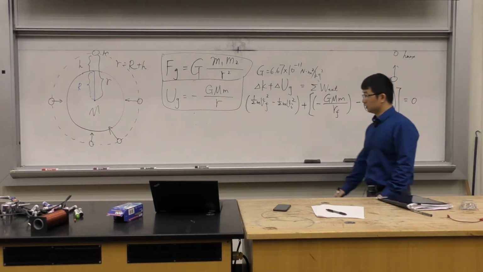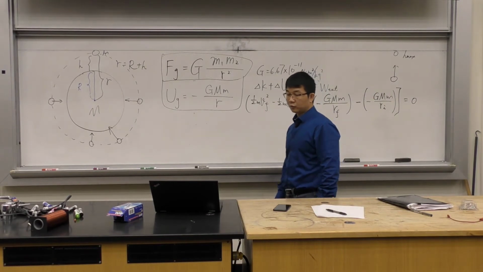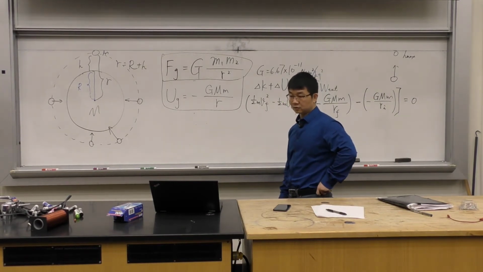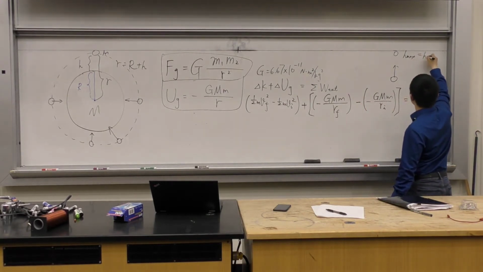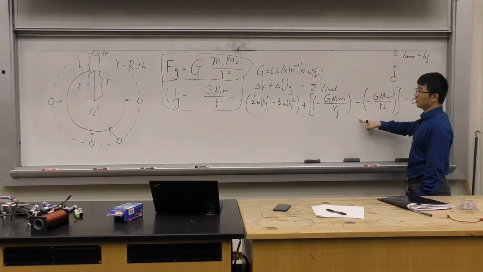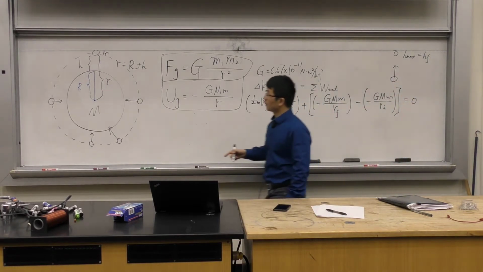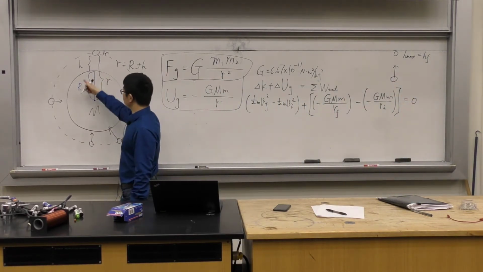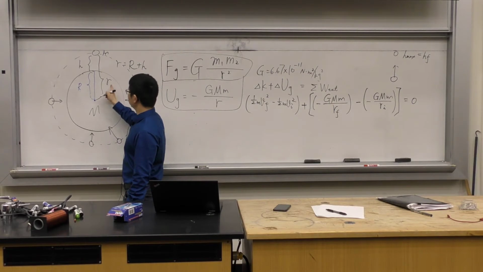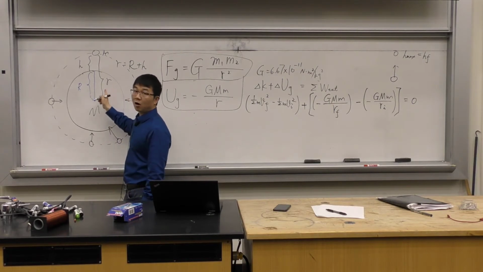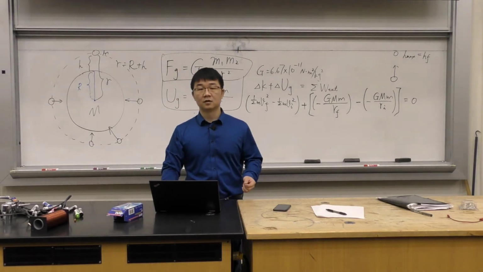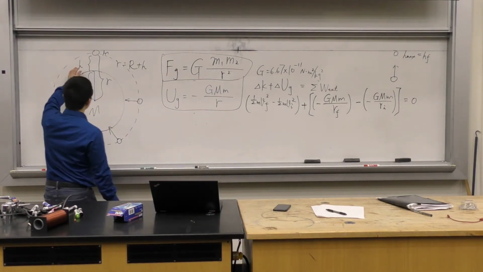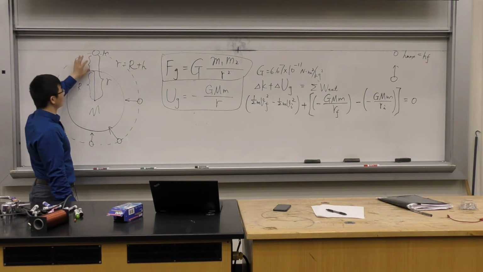Now let's see. What do we want to find? We want to find what height you will rise. So we want to find maximum height, which is just the H final. But this problem doesn't have H final. Remember, this explains the relation among these three variables. We can first find this final R, final distance from the center of the Earth. And then, if you want me to give you the height, I'm just going to subtract this radius from that, right?